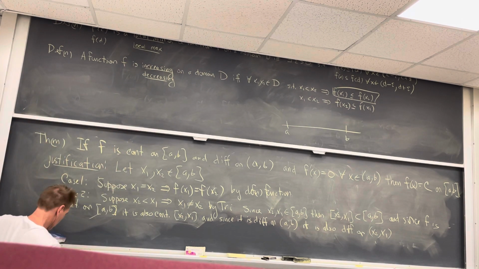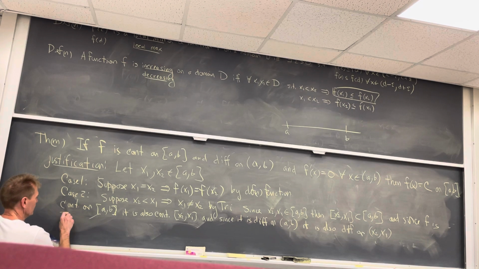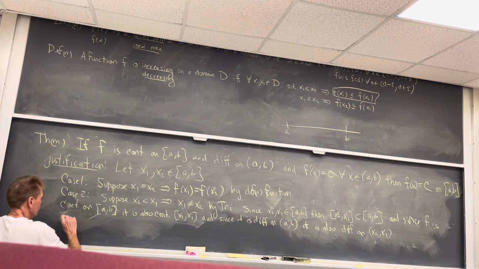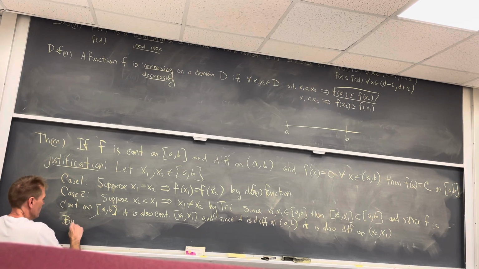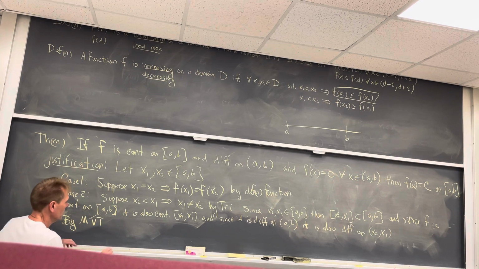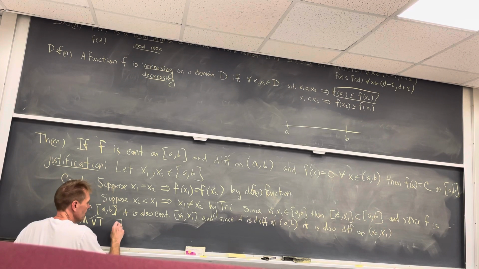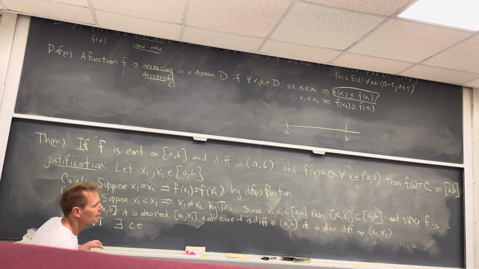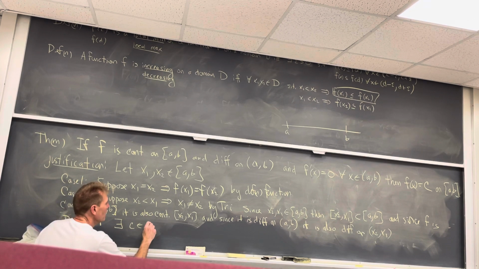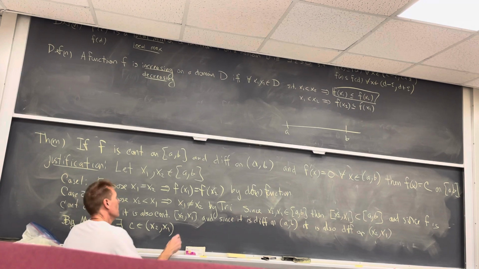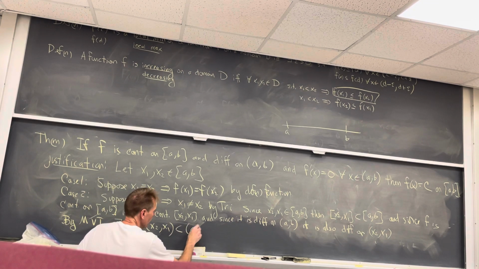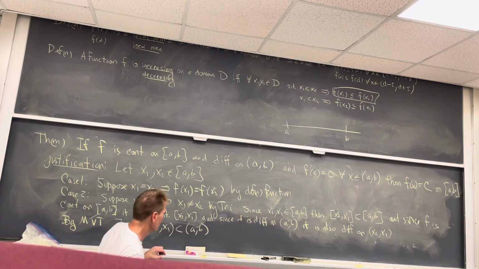By the mean value theorem, there must exist a C. Now guys, this is not, again, between A and B. We're worried about x2 and x1. In the open interval x2 to x1, and let me just say, that's a subset of the open interval AB.